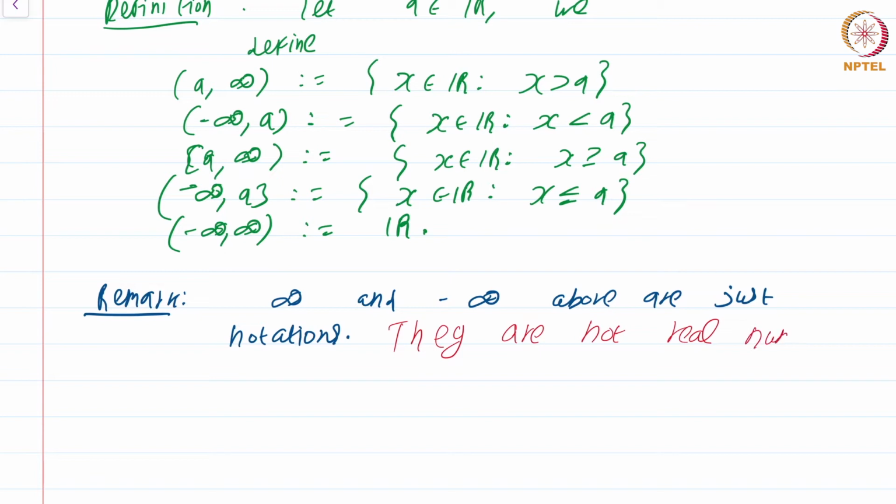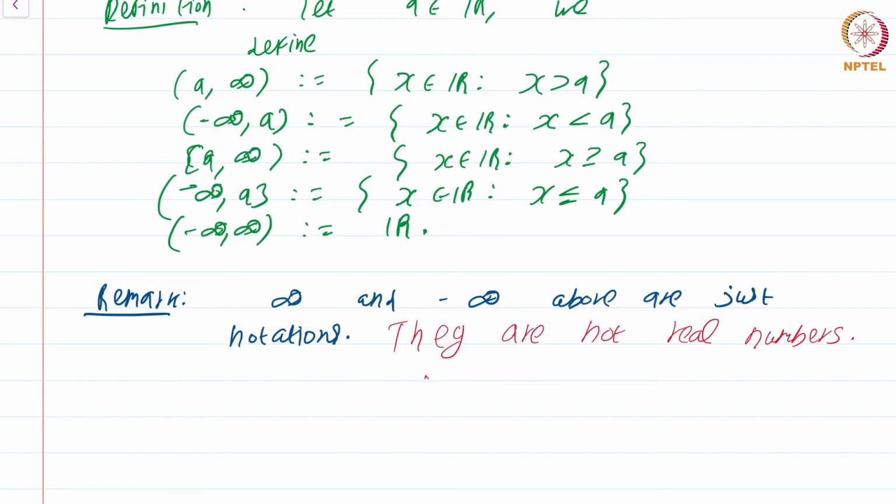In particular, it doesn't make sense in this course to talk about the set (minus infinity, a), for instance. That simply doesn't make sense. They are just symbols. And it doesn't make sense to ask what is infinity minus infinity or infinity by infinity, because we are not treating them as real numbers. They are just a convenient notation that will enable us to talk more freely about infinite limits.